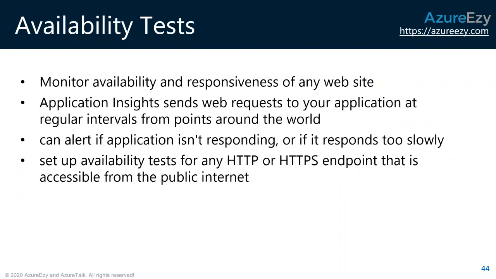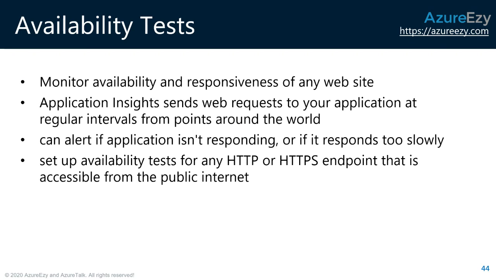Then there is something called availability tests. You can use an availability test for some kinds of testing of your application. For example, you can use it to check the responsiveness and availability of any website. In this case, Application Insights will send web requests to your application at regular intervals, and it will send them from around the world.